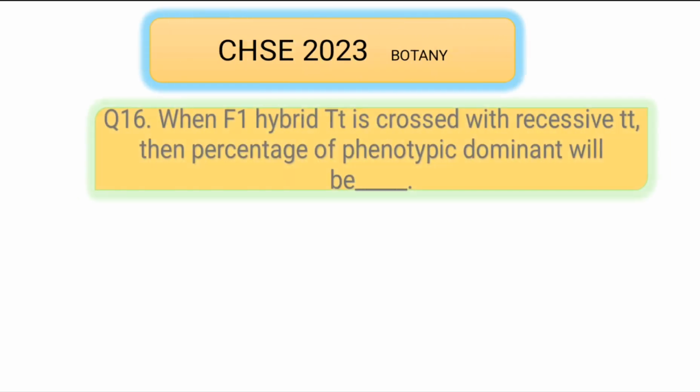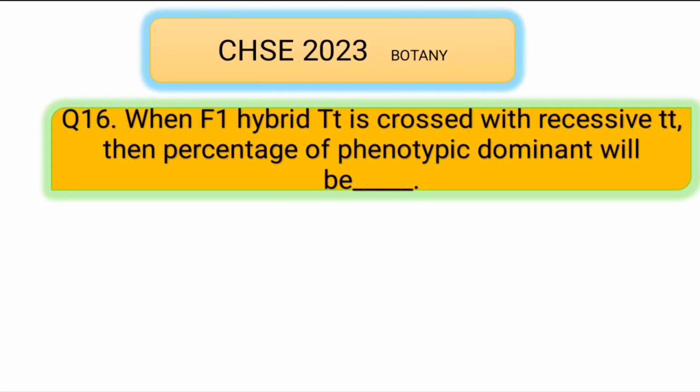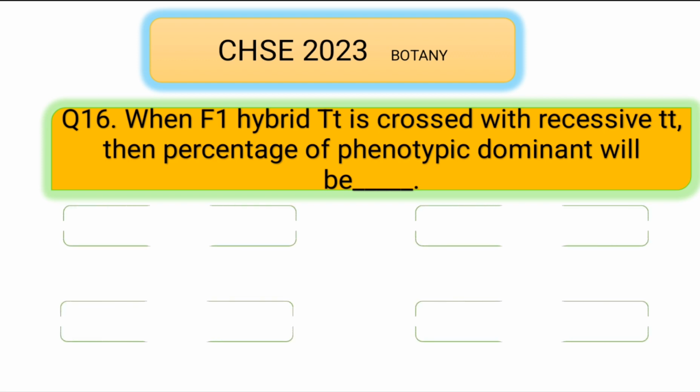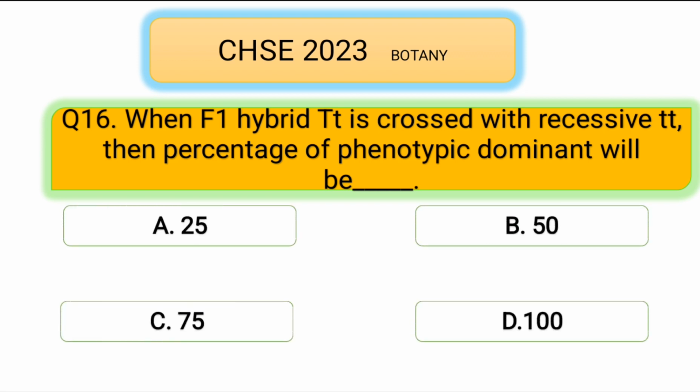Then the next question is, when an F1 hybrid, capital T small t, is crossed with the recessive trait, small t small t, then the percentage of phenotypic dominant will be dash. Options were 25%, 50%, 75%, 100%. So option B, 50, is the right one.